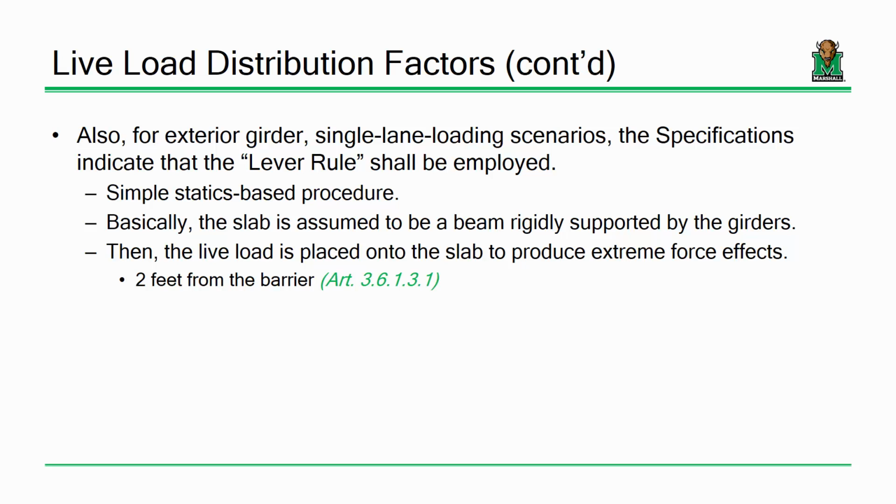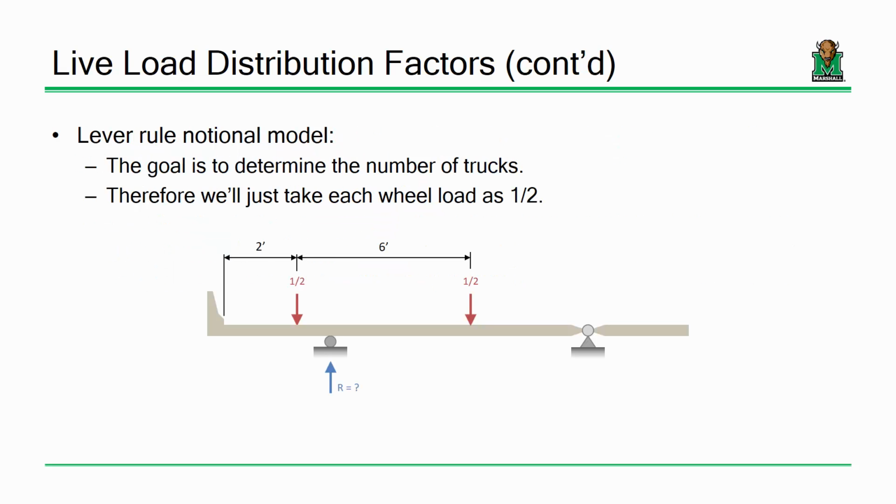The specs say that that's 2 feet from the barrier or 2 feet from, let's say, the sidewalk or something like that, wherever the beginning of that road begins. Okay. So this is ultimately where you would place the truck. You'd find out where your barrier edge is, 2 foot over, there's one axle or one line of wheels, 6 foot, there's the other line of wheels. Statics. Make sense? Any questions?